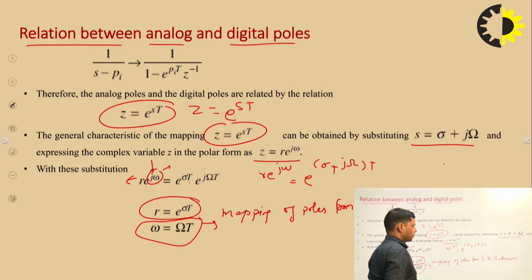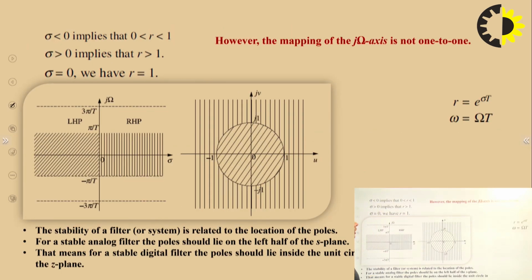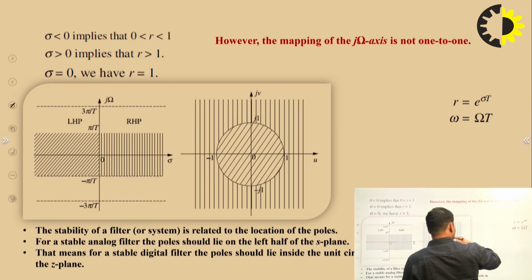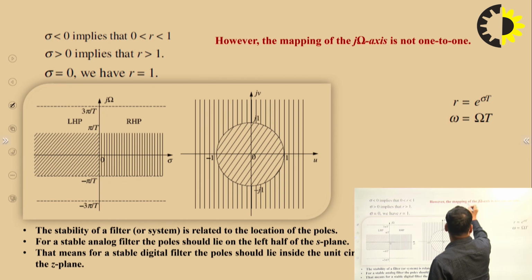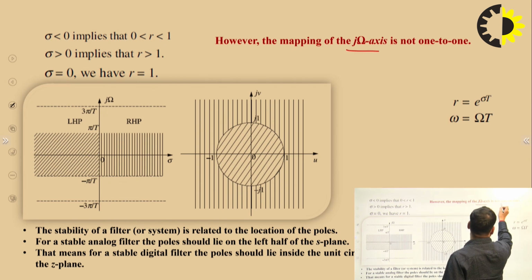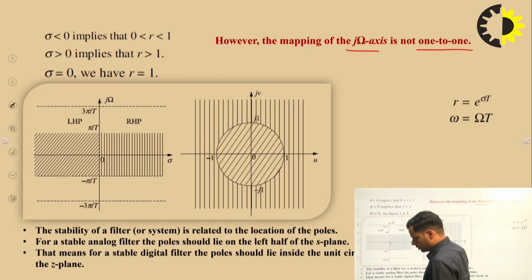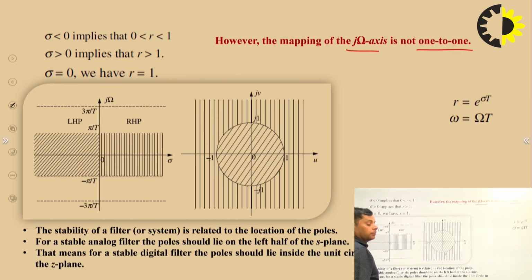For that, we are considering this pictorial view. The mapping of the j omega axis, that is from analog to digital filter conversion, is not one to one. That means the frequency position is shifted from one position to a specific position.